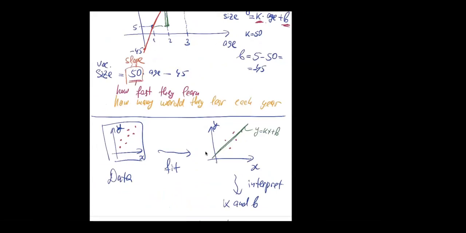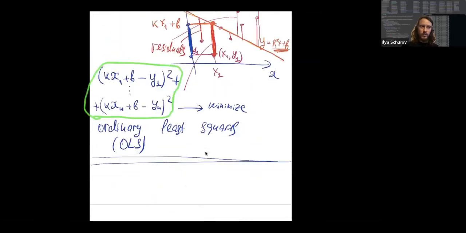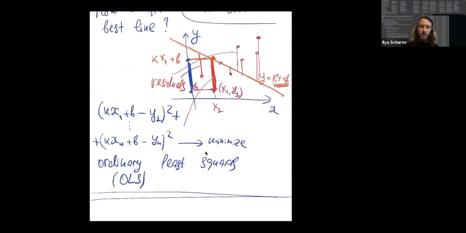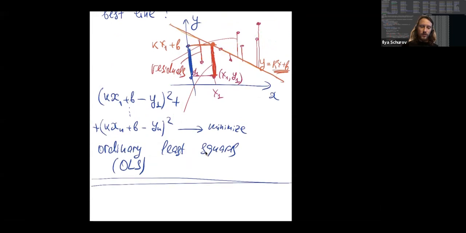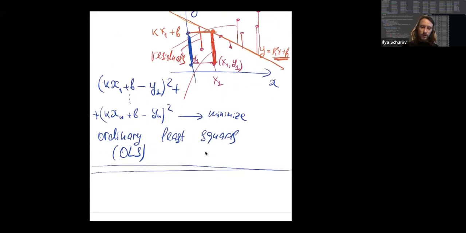This is the sum of our mistakes in a sense, so we want to minimize it. When we find the straight line such that this sum of our mistakes is as small as possible, we say, okay, this is the best model that we can find in our class of models. And after that, we interpret the value k of this line as the correct answer, or actually some estimate for the correct answer.